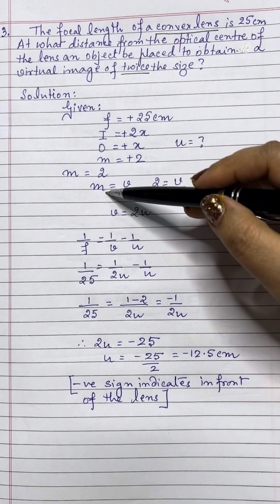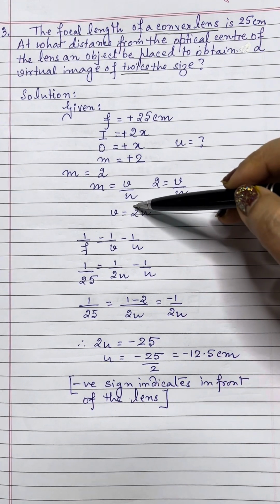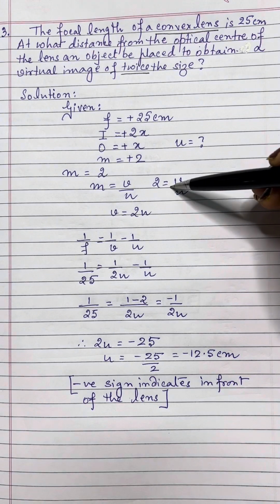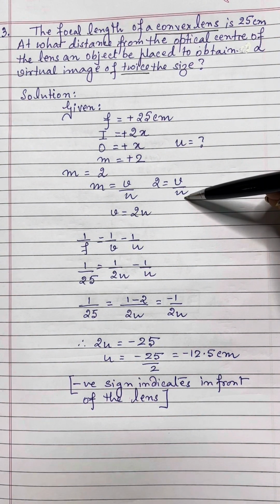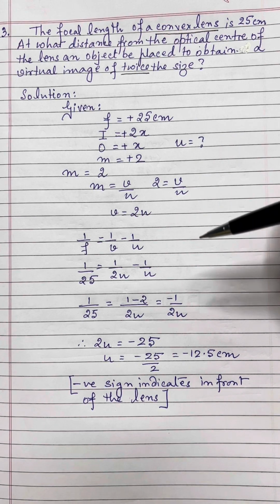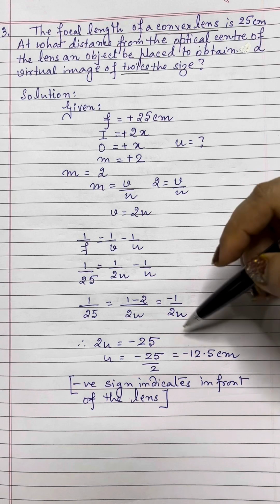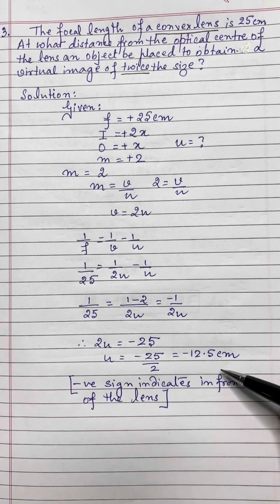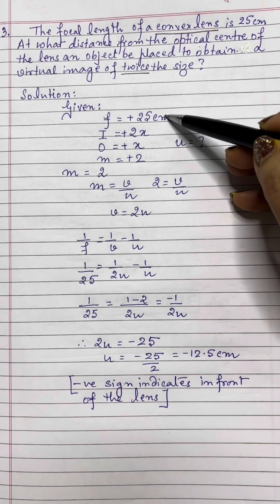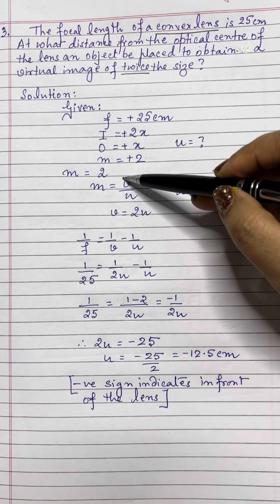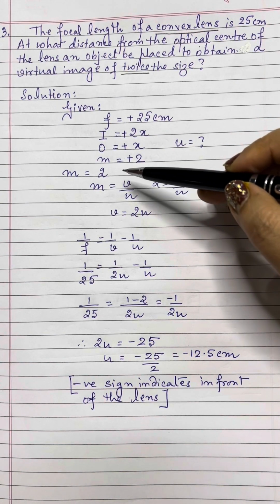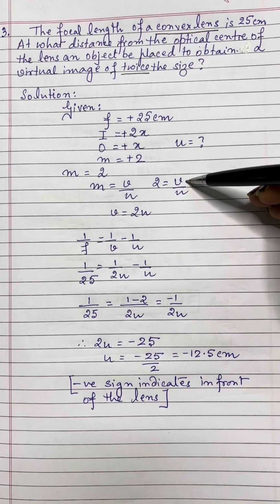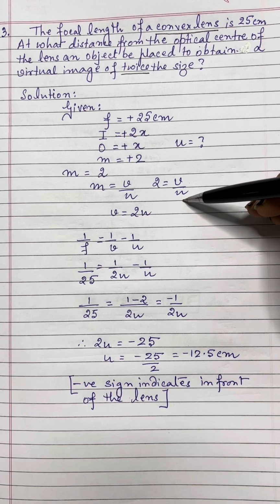So, we have magnification which is equal to V by U. So, we get 2 is equal to V by U. Now, we have to actually find out the object distance. To find out the object distance, the focal length is known to us, magnification is known to us. So, what we can do is express V in terms of U, so that there is only one unknown left to us.